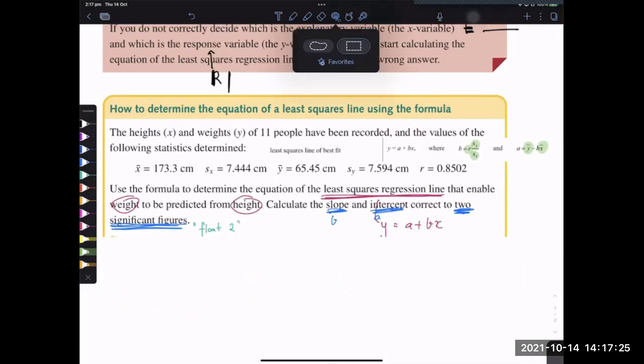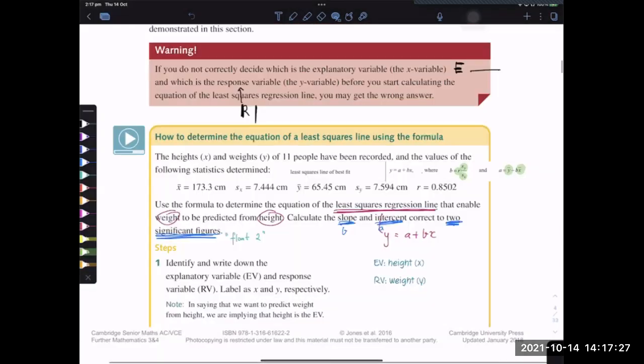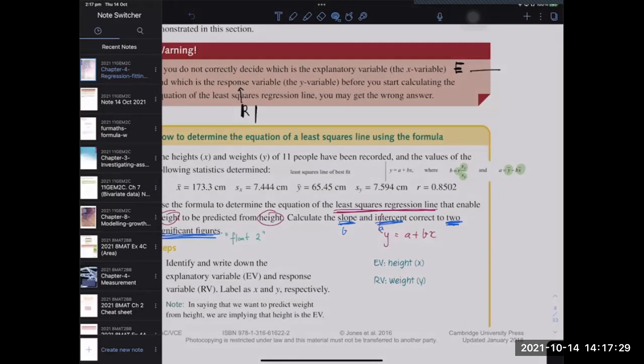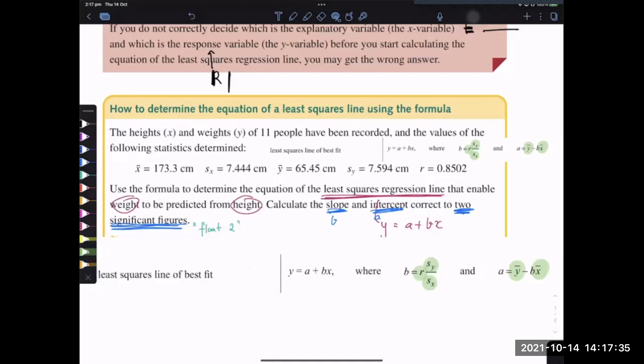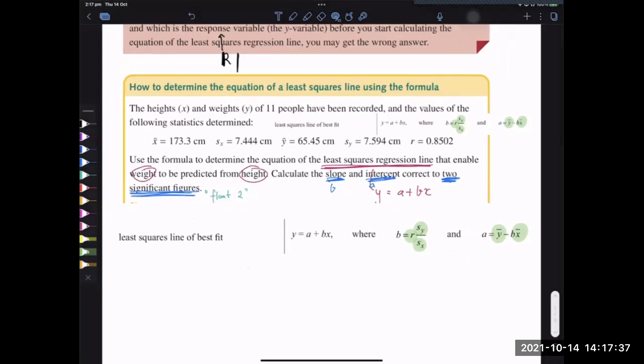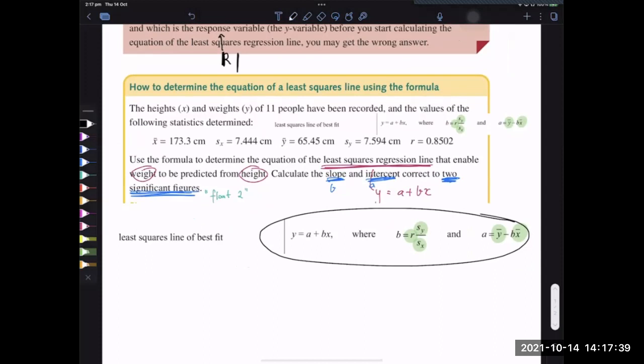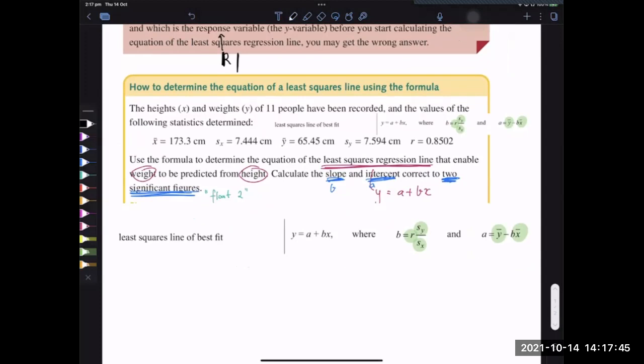So, I'll grab this part here. Copy, paste. This is the formula on your formula sheet. So in year 12, you will get this for both exams, in exam 1 and exam 2. You get that sheet that I was showing you before. So if we're given this information here, we can use it.